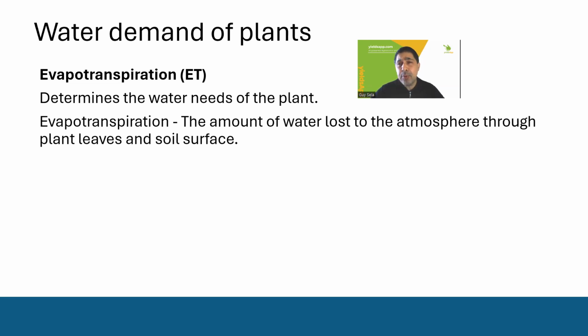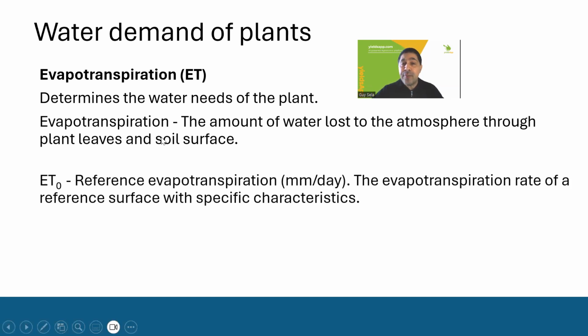So that's evapotranspiration, and there is a term which is the reference evapotranspiration, ET0, the evapotranspiration rate of a reference surface with specific characteristics. This is a standard, basically a grass at a certain height.